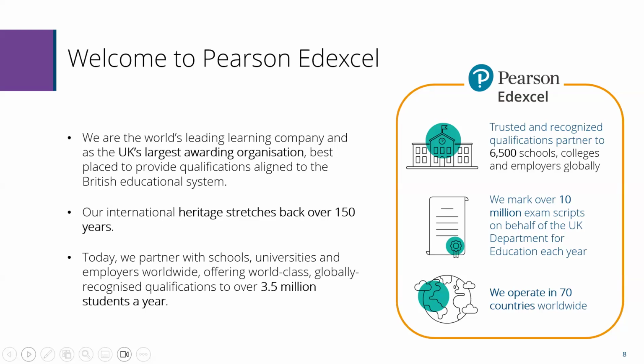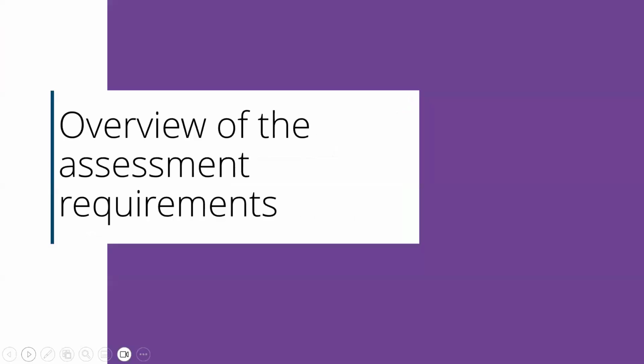We partner with 6,500 schools and colleges globally, over 10 million exam scripts are marked on behalf of the UK Department for Education each year, and we operate in 70 countries. So it's a truly global organisation, and with languages, we need to be at the heart of that because we are innately global in terms of what we do.